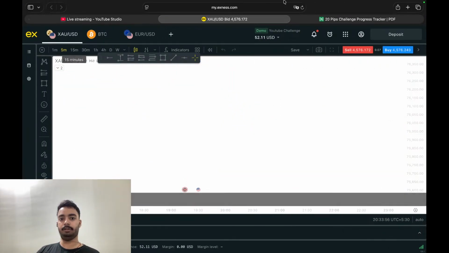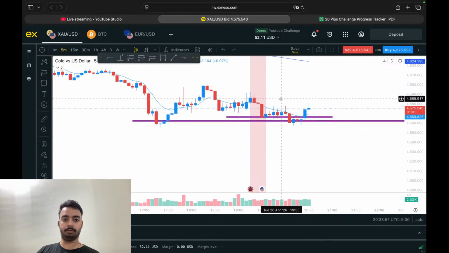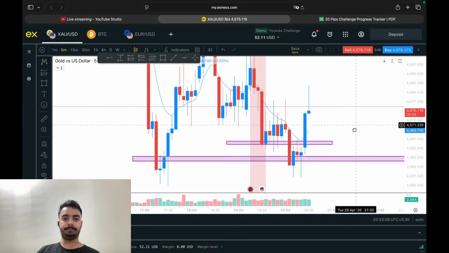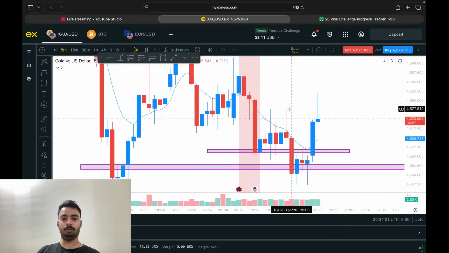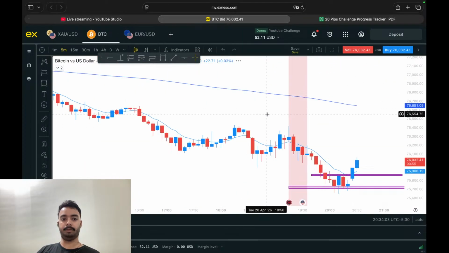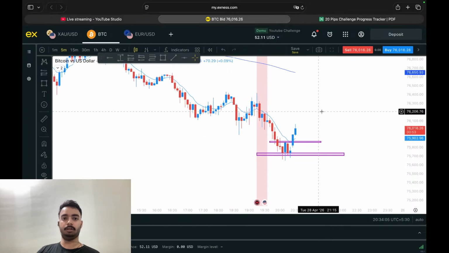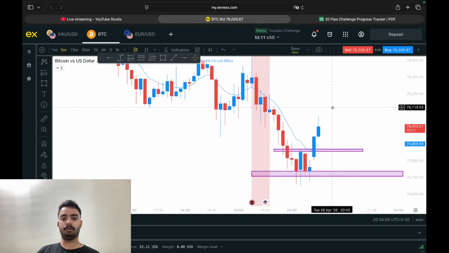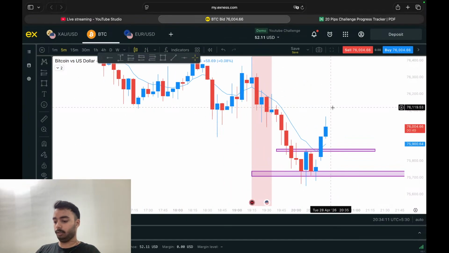We still didn't get the entry on our challenge account. Let's hope it goes to make a lower wick, and that will give us a good entry.